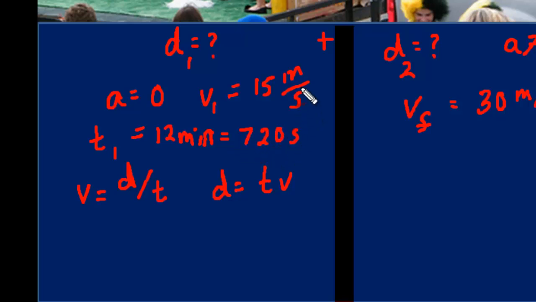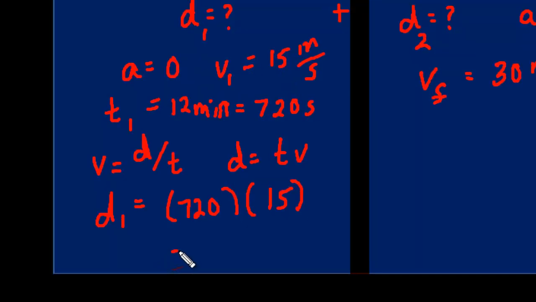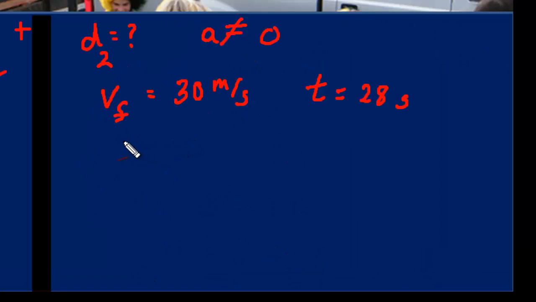That's important to do, otherwise we've got meters per second up here. So our distance 1 is equal to the time, 720 seconds, times the velocity, 15 meters per second, which gives us a fairly long distance, 10,800 meters.